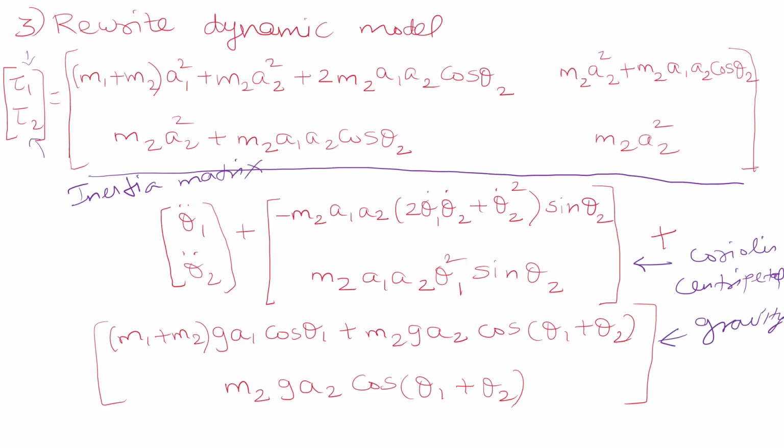The inertia matrix is always symmetric. So this is the dynamics of a two-link manipulator, assuming the mass to be point mass, right? Thank you.